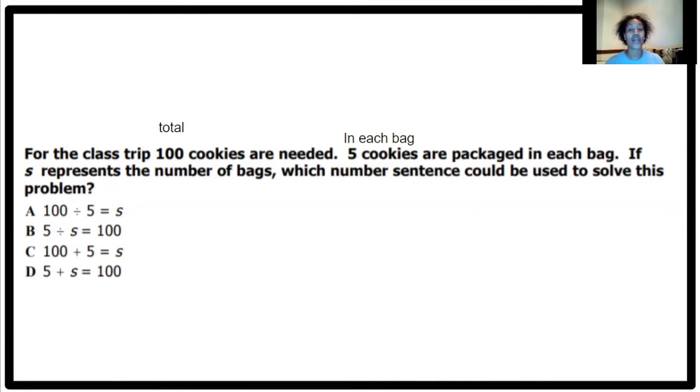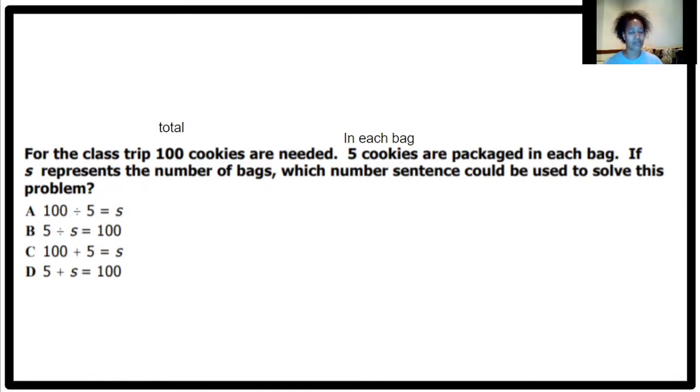Again, 100 is the total number of cookies we need. So if we look at answer choice A, it says 100 is divided by 5.